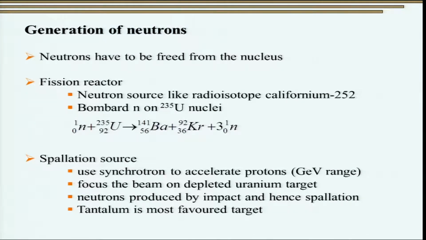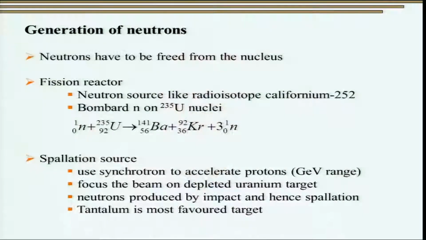Another important way of producing neutrons is using what is known as a spallation source, in which case we use a synchrotron to accelerate protons to very high energy of the order of giga electron volt range, and focus this beam on a depleted uranium target, or these days the most favored target is tantalum, which ensures that neutrons actually fall off, or rather spall off from this material, giving a pulsed source of neutrons.